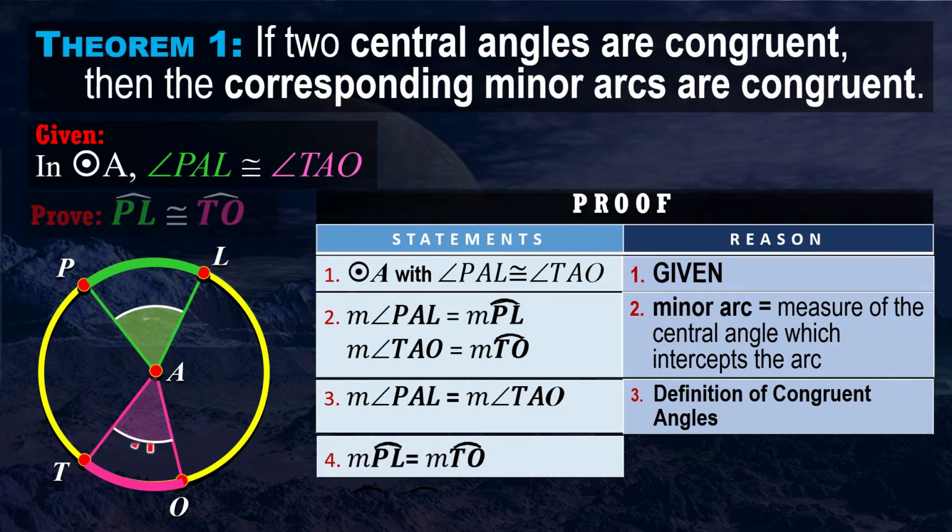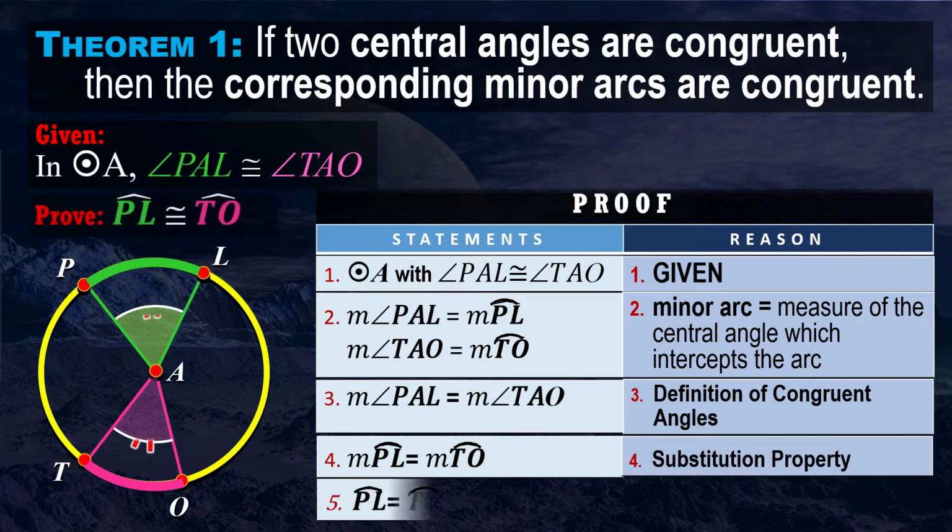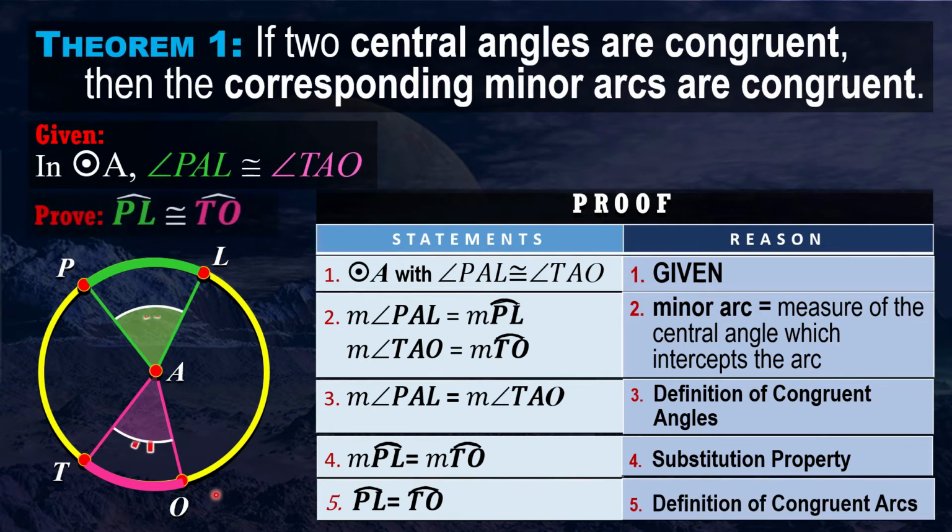And then, number 4, we have the measure of arc PL is equal to the measure of arc TO. Ano ang magiging reason natin? That is only substitution property. Arc PL is equal to arc TO. So, that is the definition of congruent arcs.